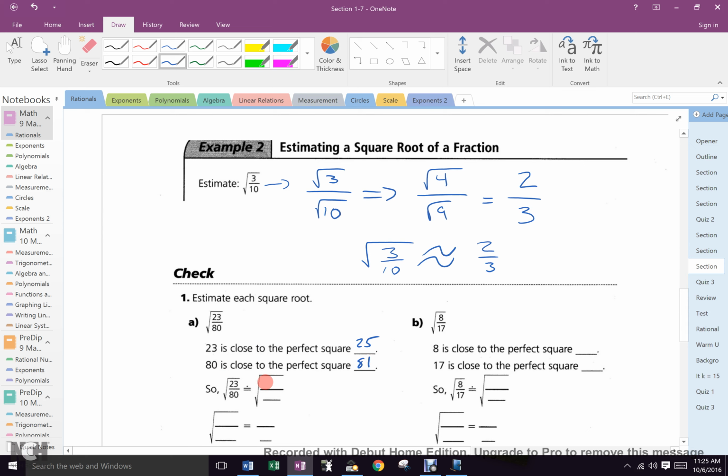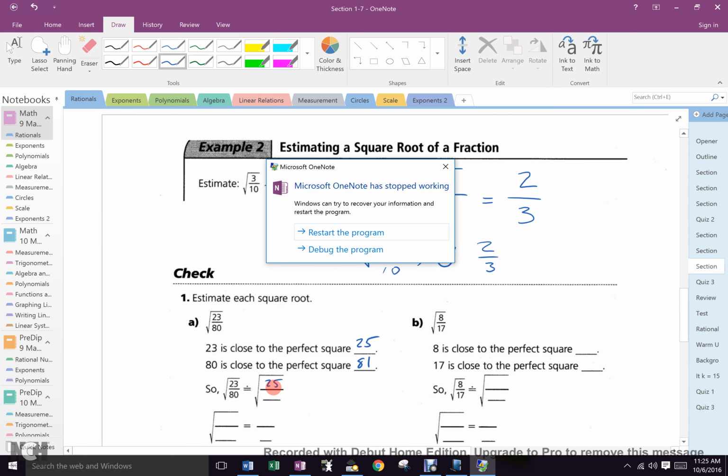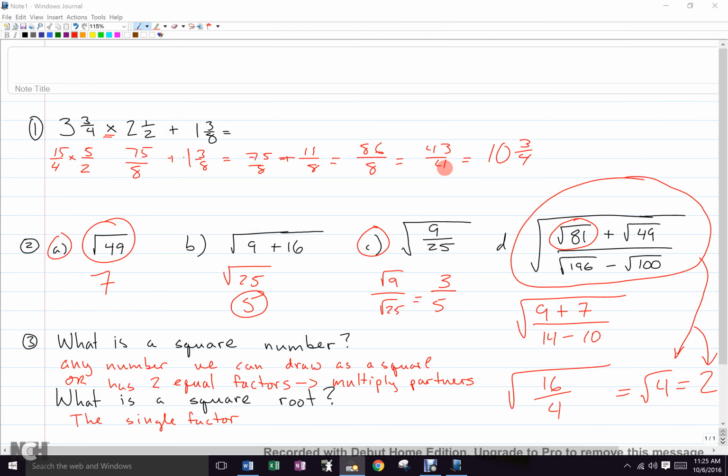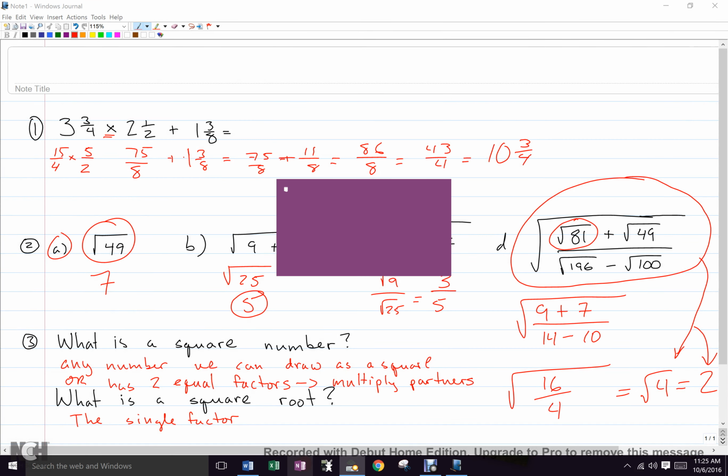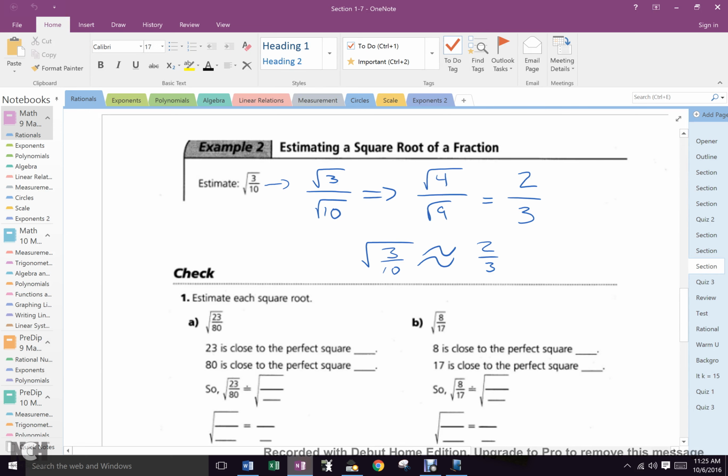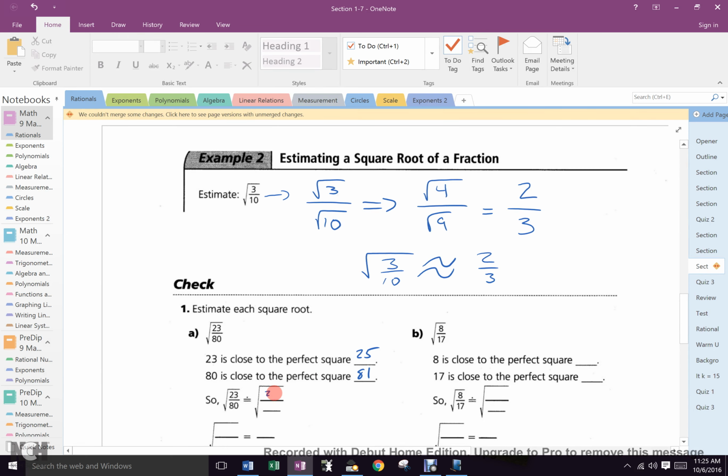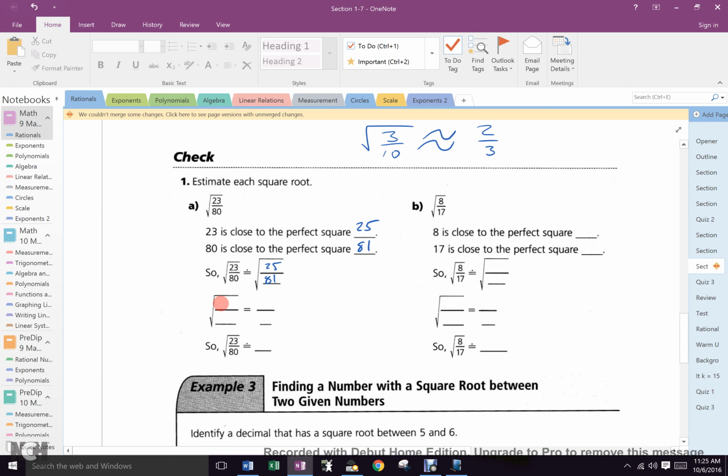So 23 over 80 is pretty close to 25 over 81, yeah? What's the square root of 25 and 81? What's square root of 25? 5. What's square root of 81? 9. So it's pretty darn close to 5 over 9, isn't it? Yeah. Easy peasy lemon squeezy.